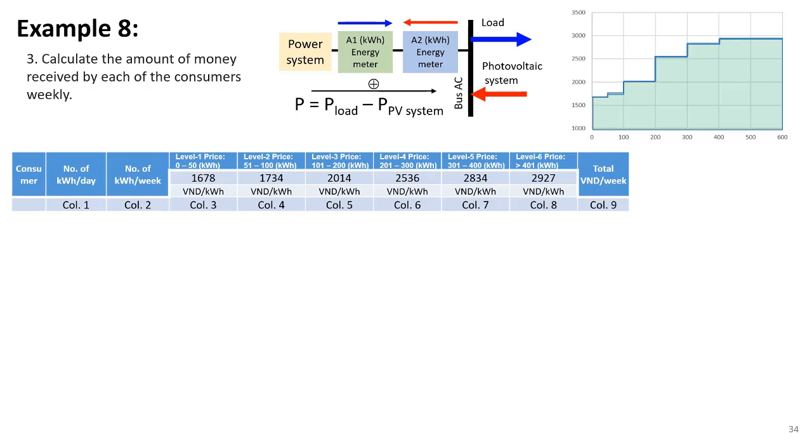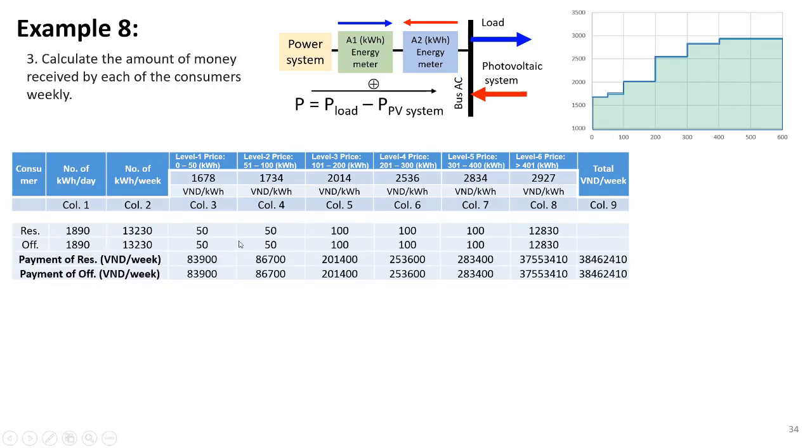With daily consumed amount of 1,890 kilowatt-hour, we can infer that each of the customers will consume 1,890 times 7, which equals 13,230 kilowatt-hour per week. Let us split this amount following the price steps in the increasing order.